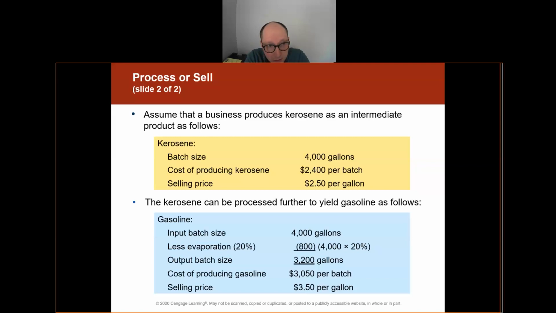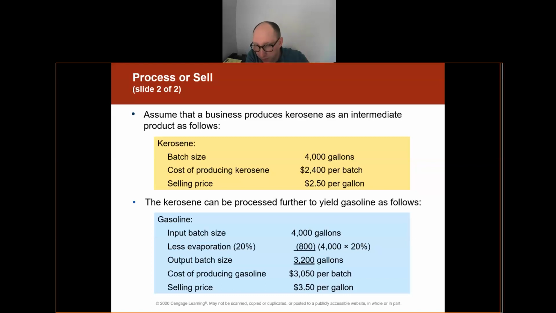Now, let's see. Should we process it further, create gasoline? Gasoline, 4,000 gallons. My output batch is 3,200 gallons. We lose some through the processing. First it was oil, then kerosene, then gasoline.